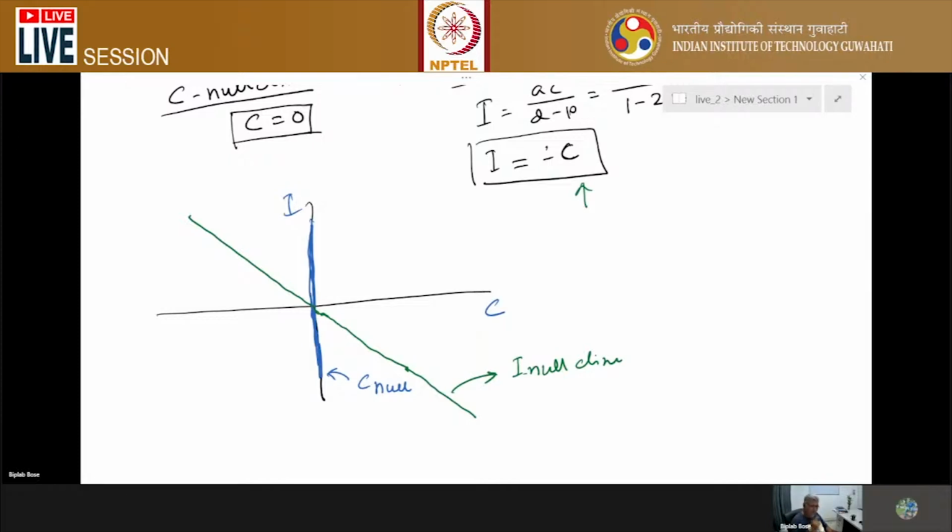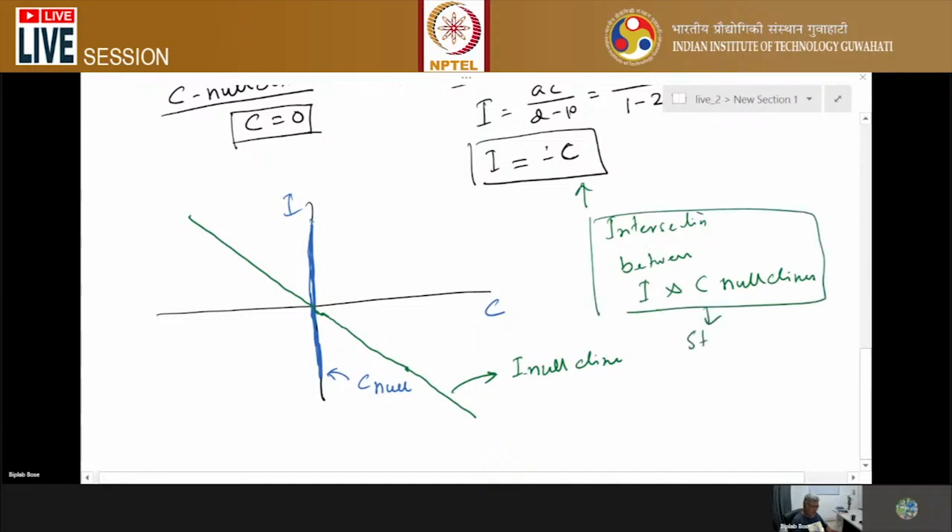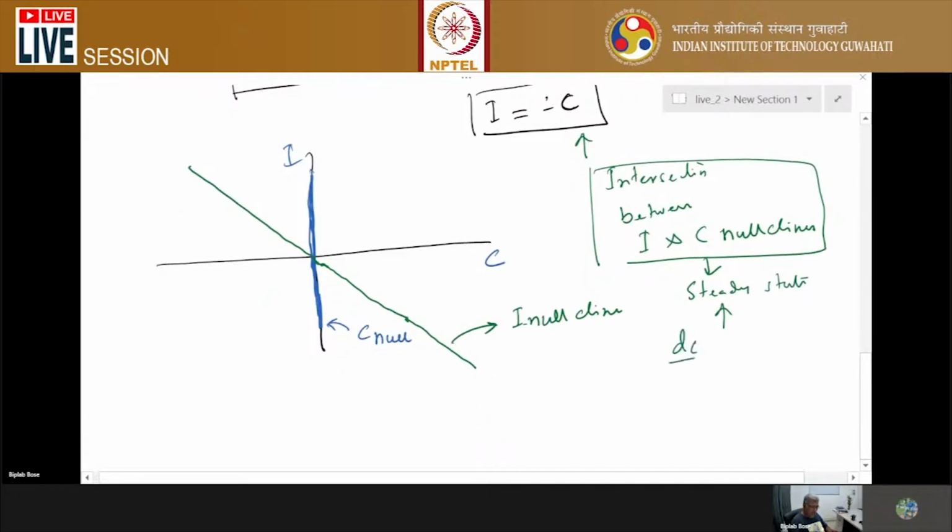it is the intersection between the I and C nullclines. That is my steady state, because there both dC/dt equals 0 and dI/dt equals 0.